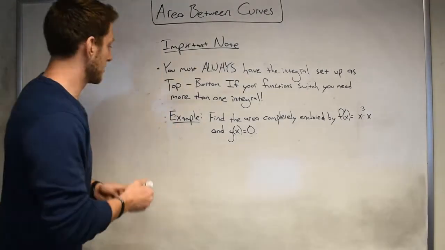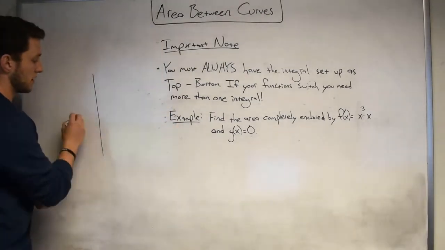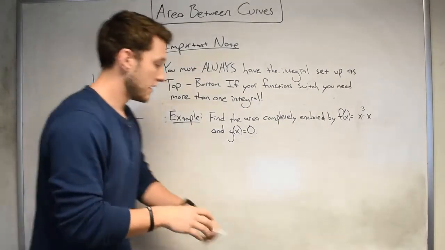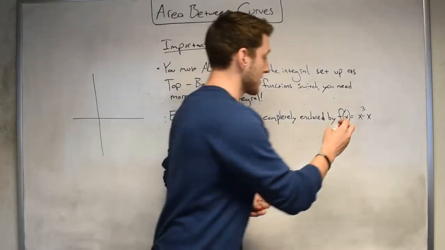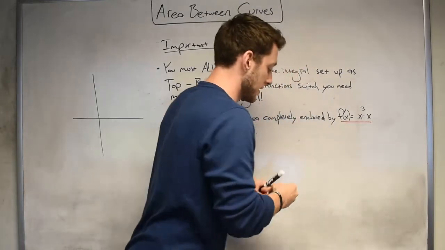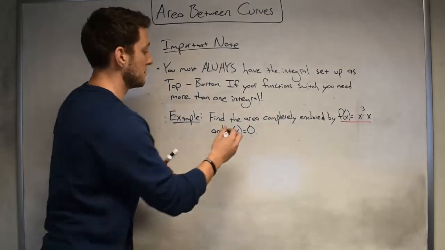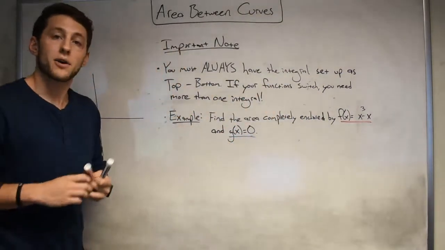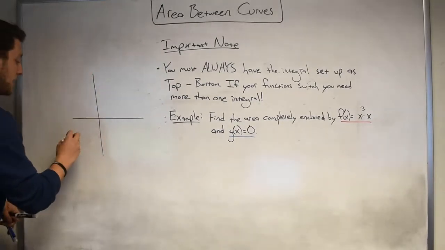To give us a picture of this, if I were drawing f of x, x cubed minus x in red, and g of x in blue, our setup will look something like this.